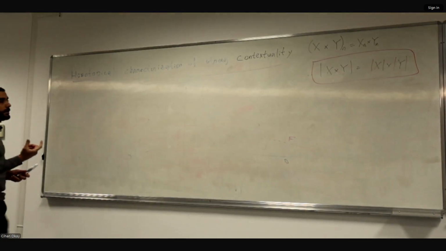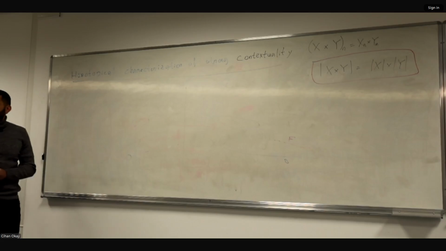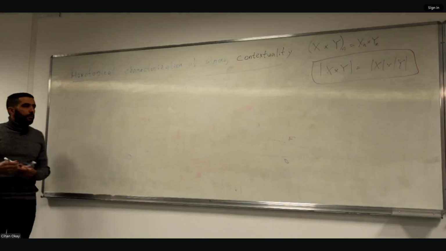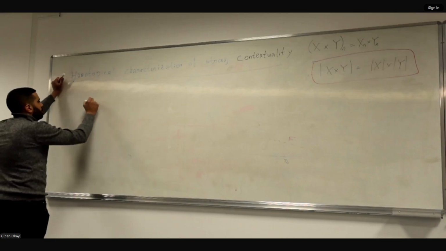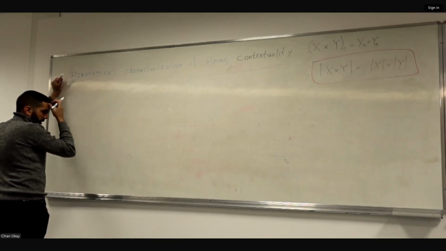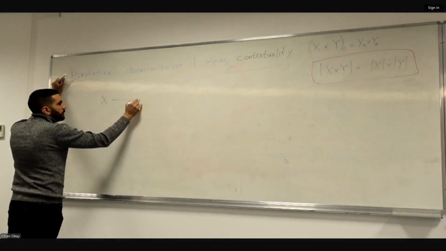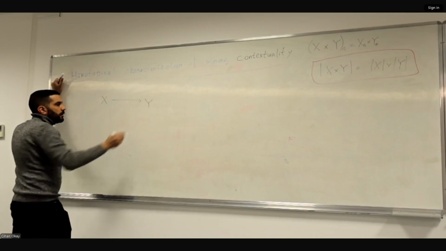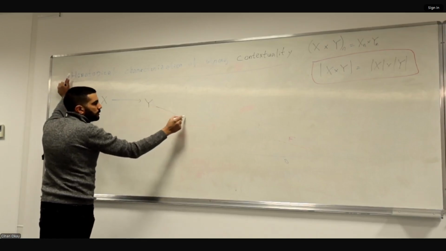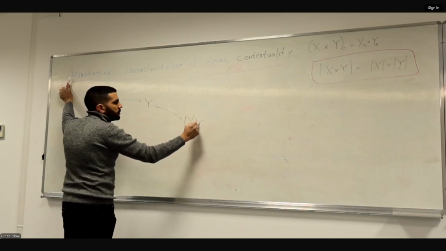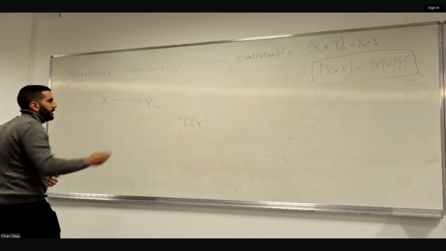So we can think about every map as a simplicial distribution. Let me show you. If we have a map from x to y, we can go to the distributions on y by taking delta.